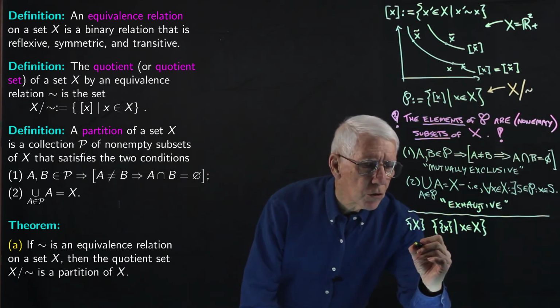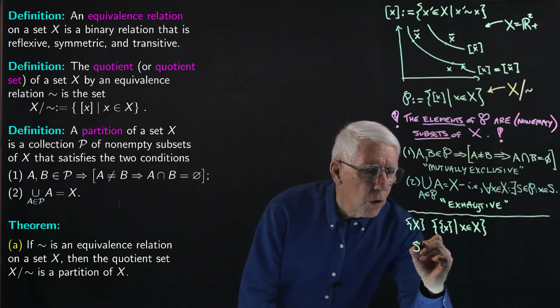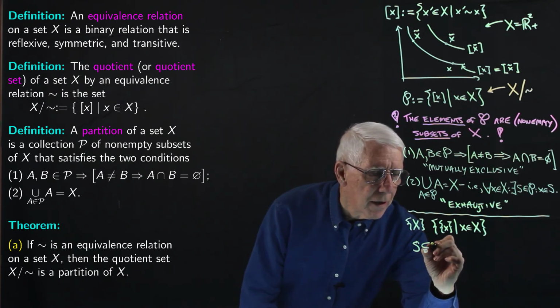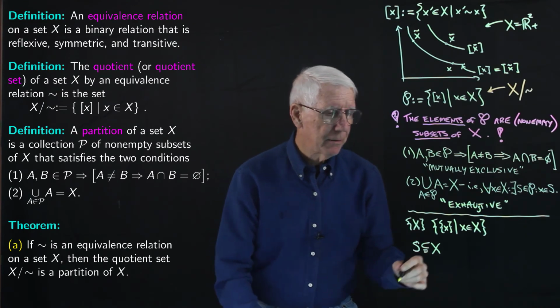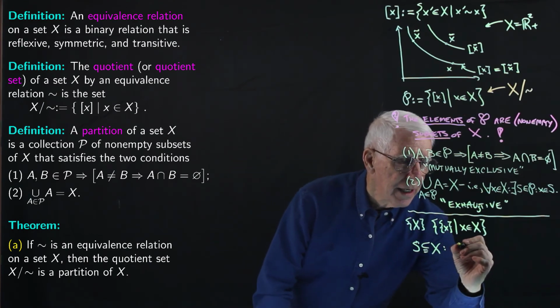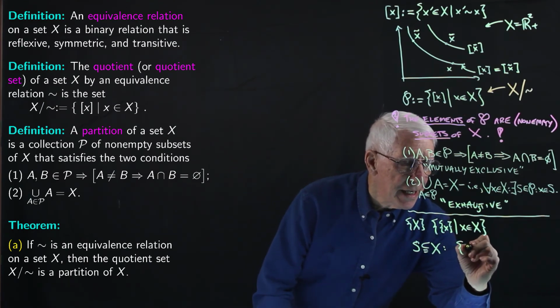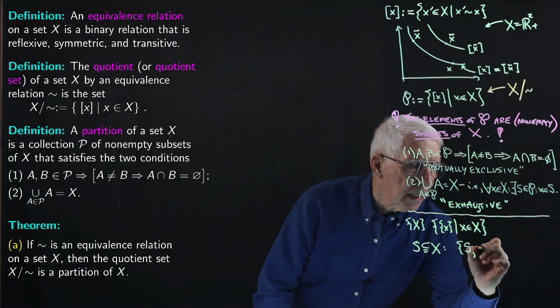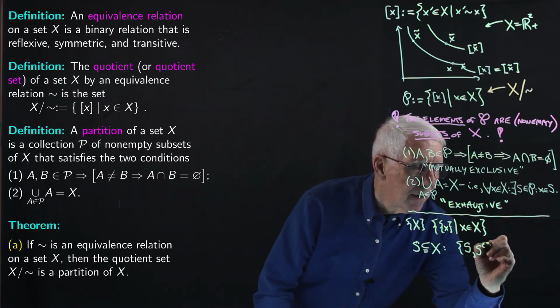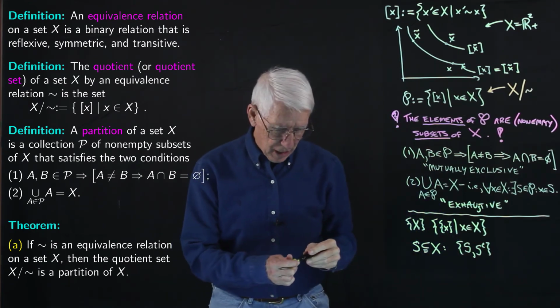One last example before I want to go into a little more extensive example. Let's say we start off with a subset of capital X named S, and we take as our candidate for a partition the set consisting of capital S and capital S complement.